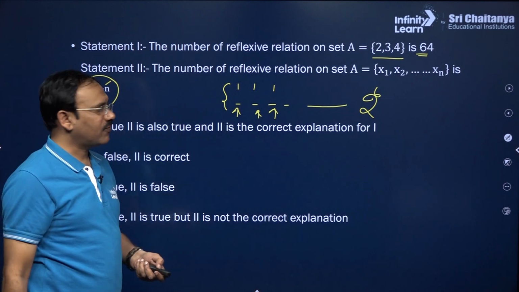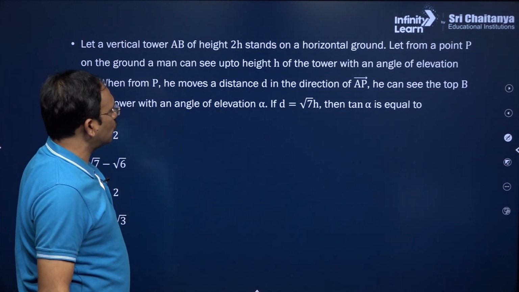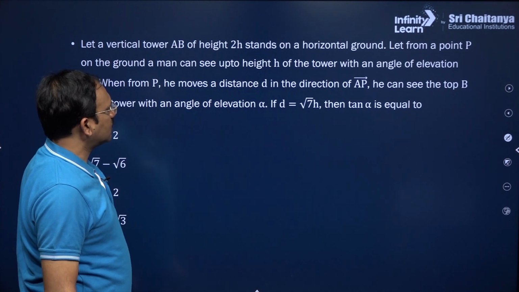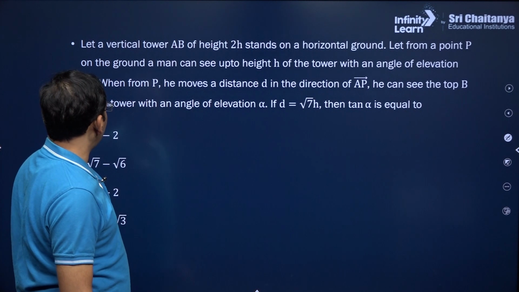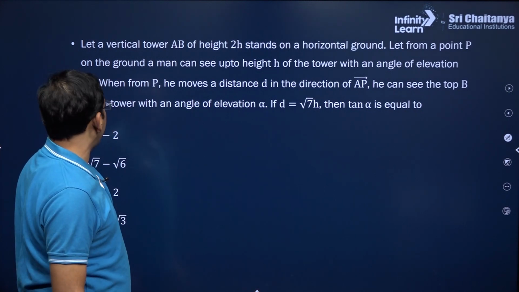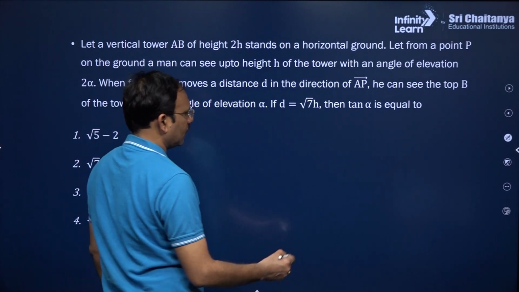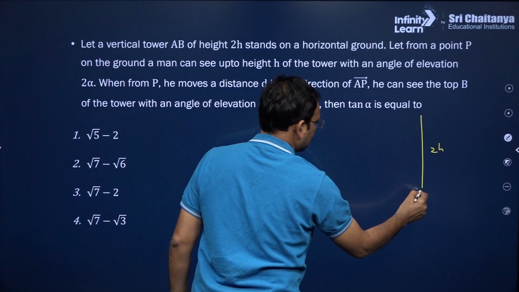Okay. Next, friends, a vertical tower AB of height 2h stands on a horizontal ground, and from a point P on the ground a man can see up to height h of the tower with an angle of elevation 2 alpha. You see, my dear friends, suppose this is the tower whose height is 2h.